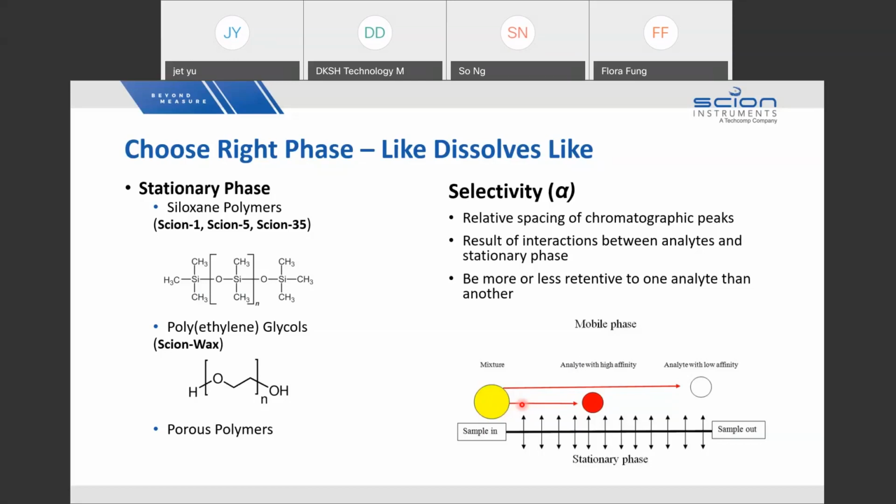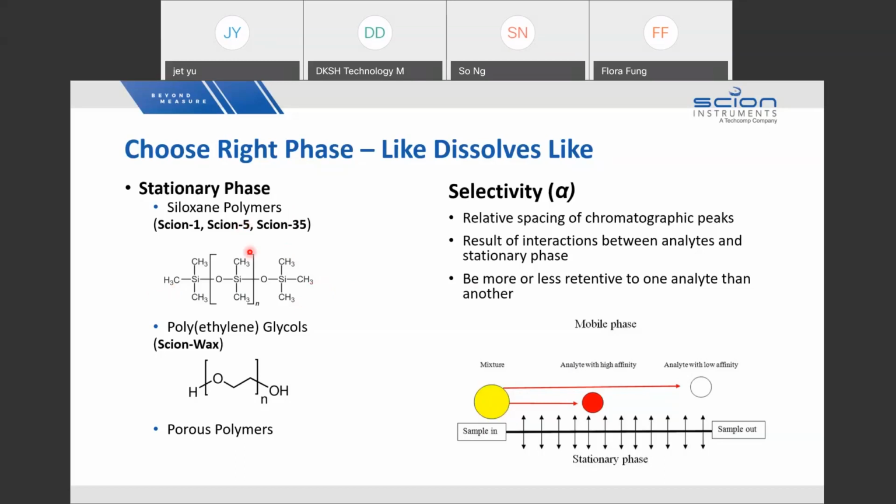Okay, so from the same person, there's another question, which is Scion -1 and -35. What does the higher number mean? Okay, for -1, this is a stationary phase. This is a polymer, 100% polymer.